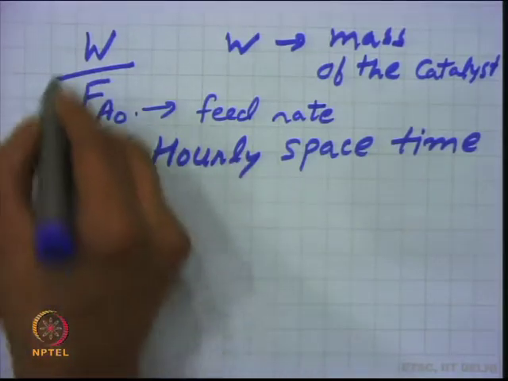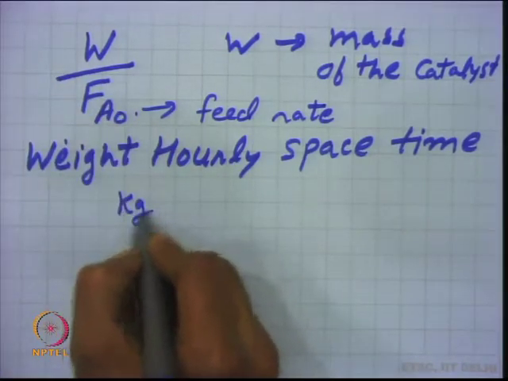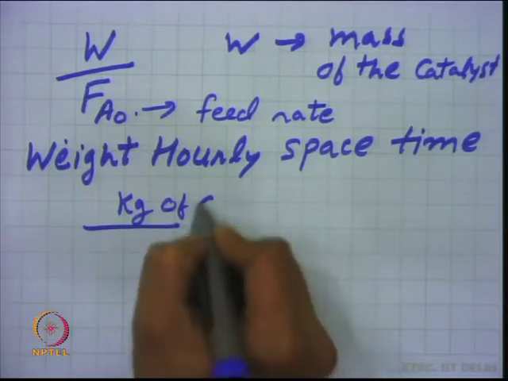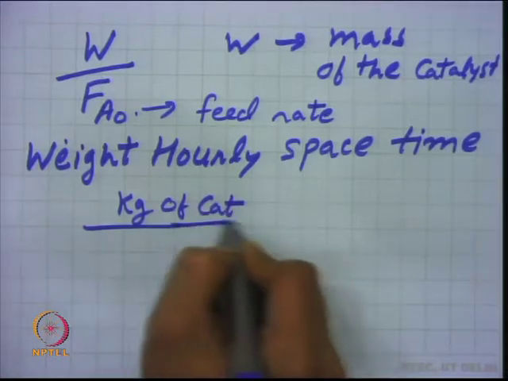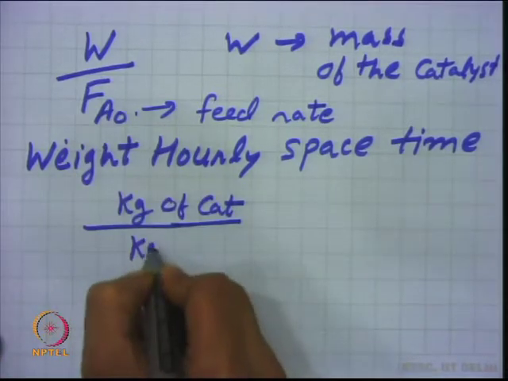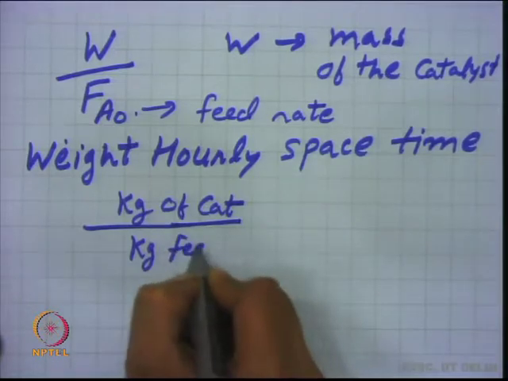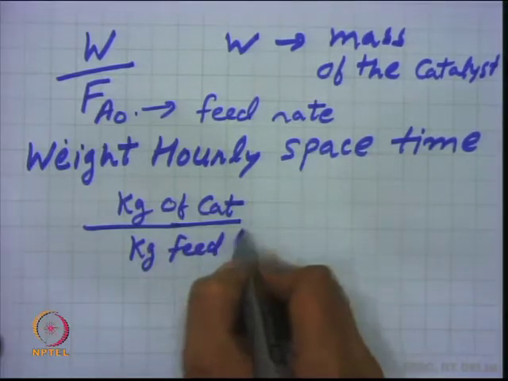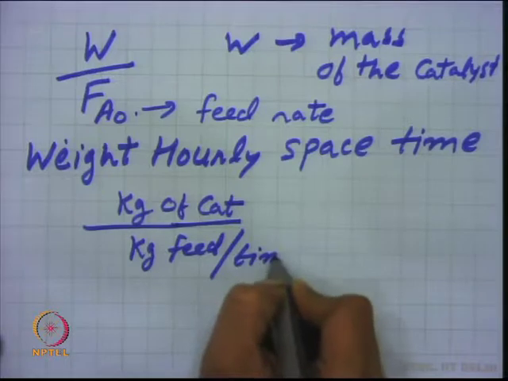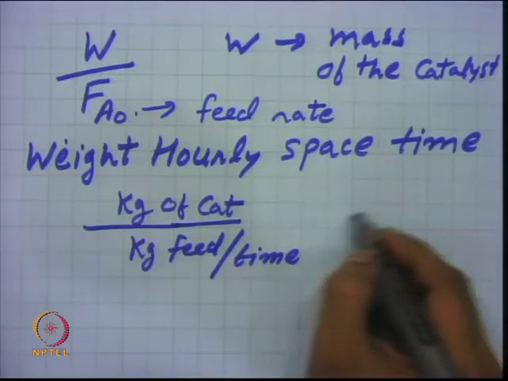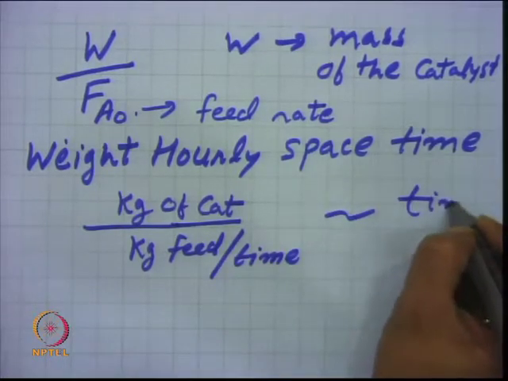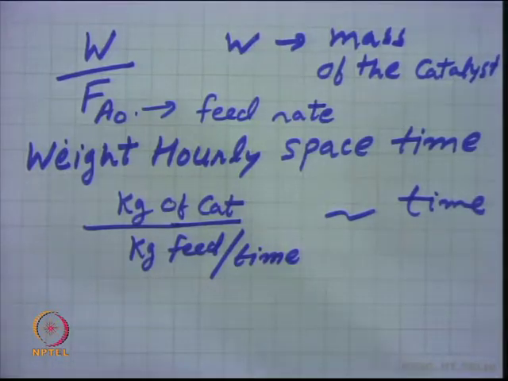Basically, the units are kg of catalyst per kg mass of the feed which is being fed continuously per unit time. So, ultimately it has the unit of time, and that is why we call it a residence time or weight hourly space time.